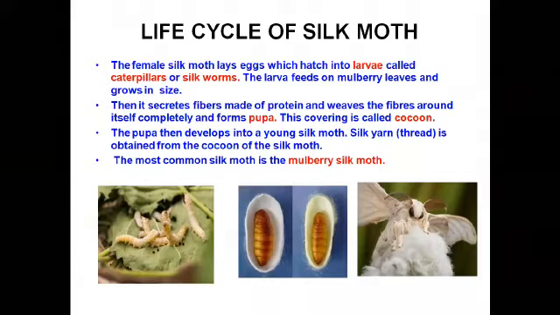Now it is the stage when it is ready to enter the next part of the cycle. The silkworm excretes a protein from its mouth, a sticky saliva-like structure, and it weaves the fiber around itself.